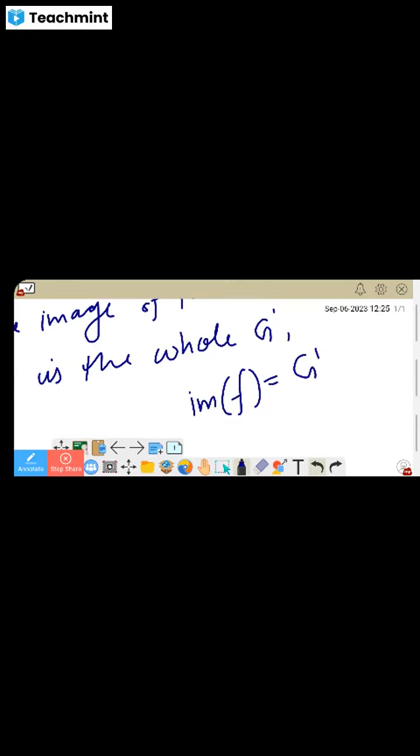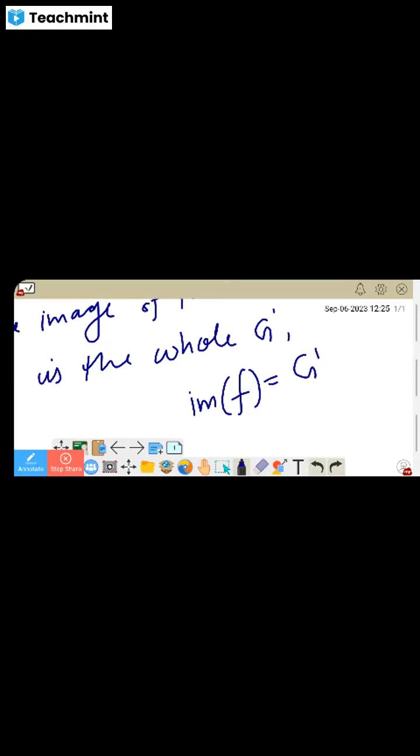Means we are taking all elements of G dash, because in surjective, each element of codomain must be associated with an element of domain. That is why we are taking all of these elements. Okay, got it?